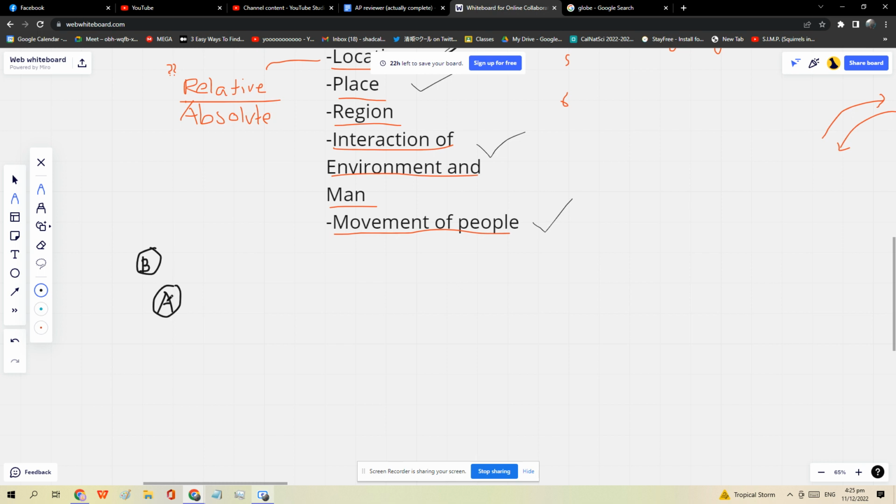Alan is below Becky, or Alan is just west of Camellia, and then Adam is right above Denise. That's basically how you find a relative location.